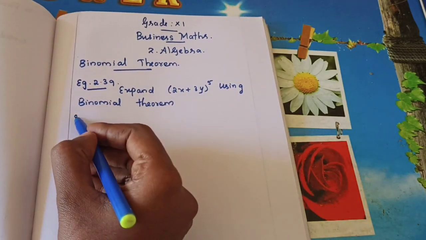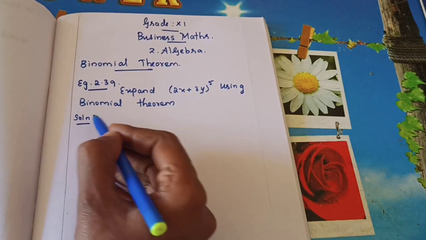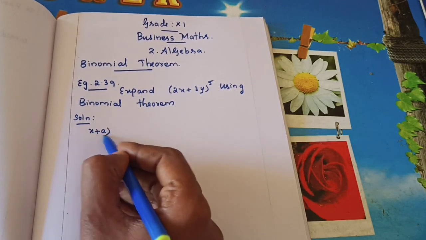Okay, so first you need to write down the expansion for (x plus a) the whole power n.